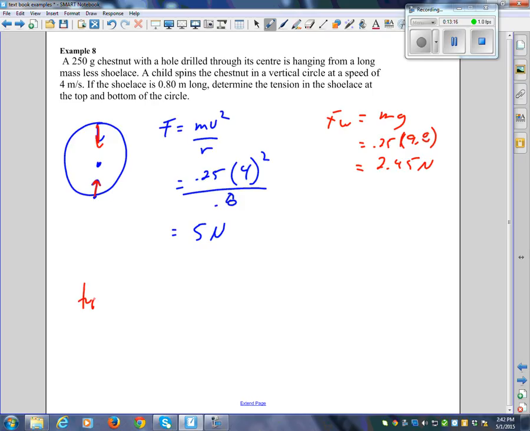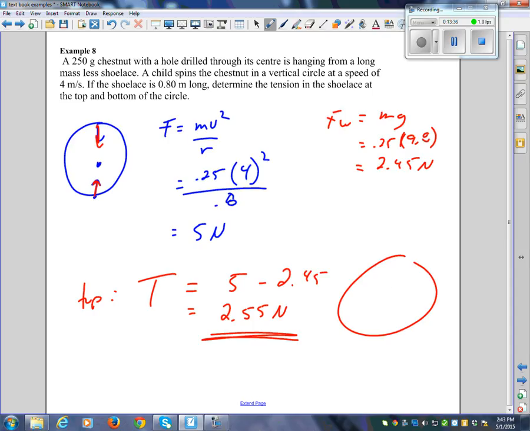So at the top, it's going to be 5 minus 2.45. Yeah. That would be the tension, right? Which means at the top, the tension is providing 2.55 newtons, and the weight force is providing 2.45 newtons.